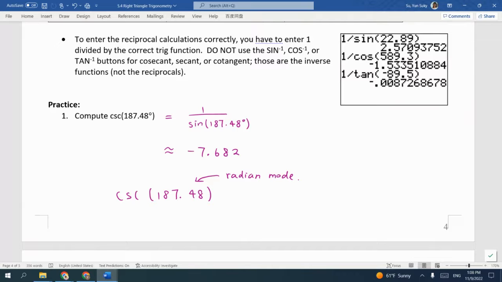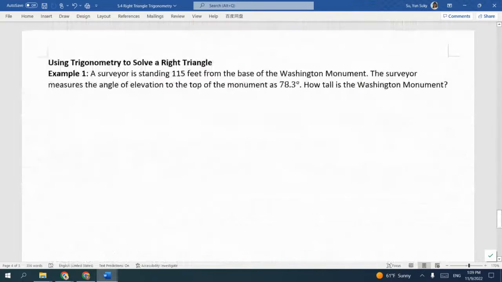You might not always see something like pi over 2 or 3 over 5 pi. You not always see the multiple of pi there. As long as you don't see a little circle, that means we're using radians instead of degrees. Okay, everybody? Yes. All right.